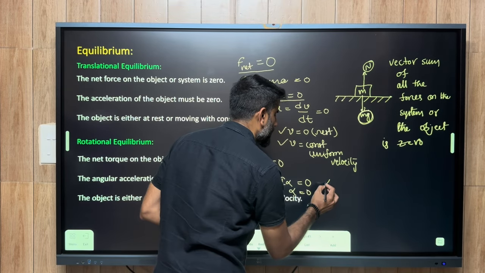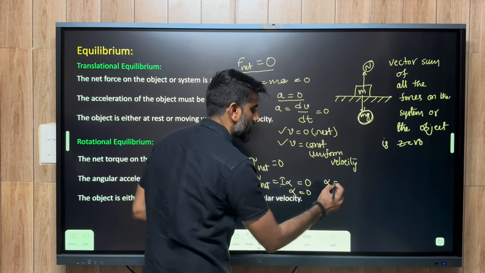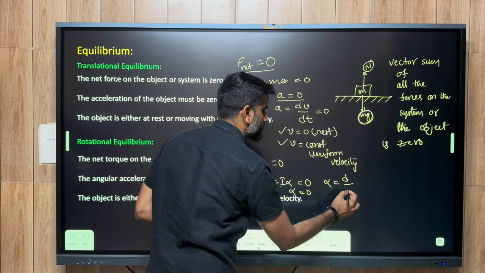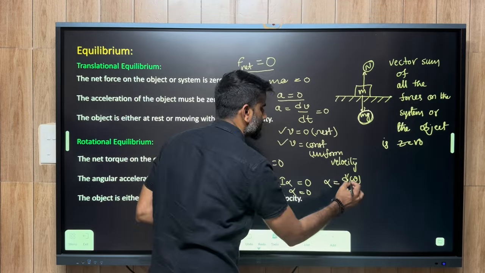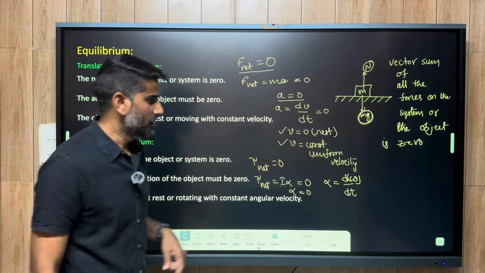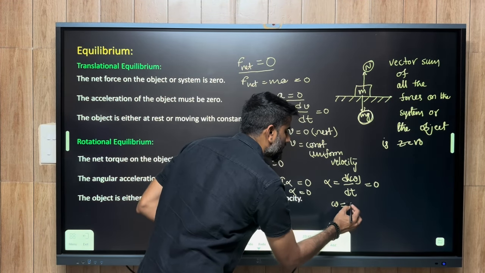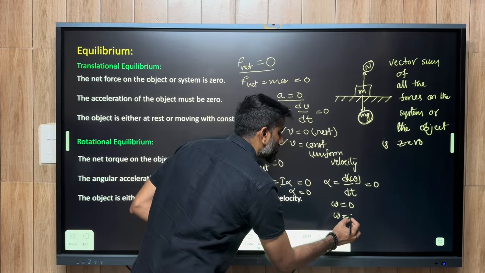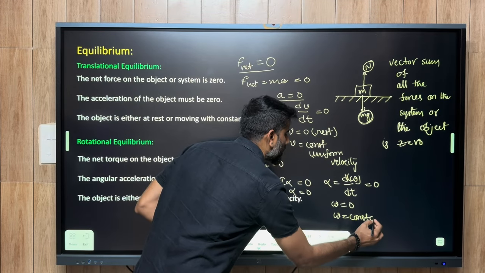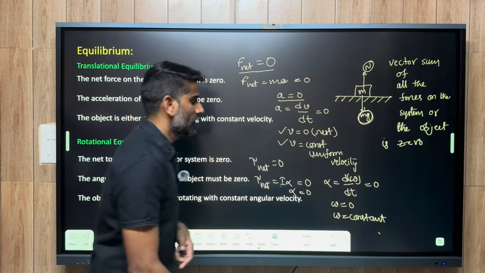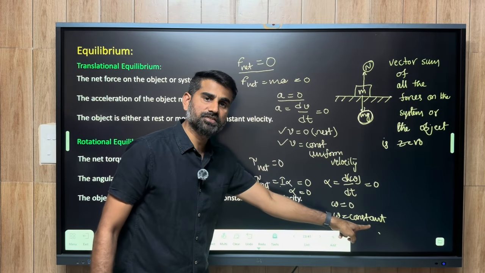This alpha is defined as the rate of change of angular velocity. So this alpha can possibly be 0 only when omega is equal to 0 or omega is equal to constant. Differentiation of a constant is 0, right?